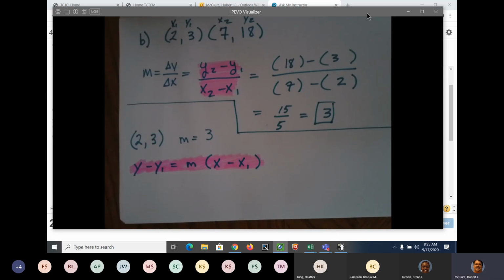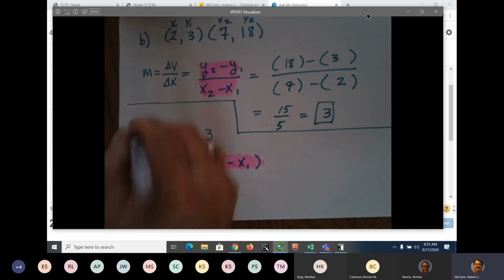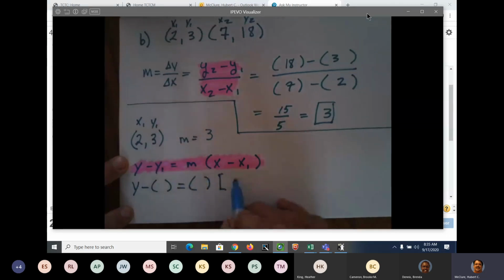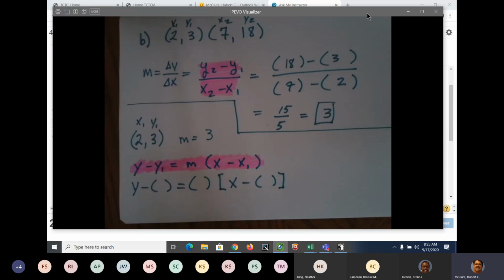Okay, so I read from left to right. So this is x sub 1. This is y sub 1. Plug and chug. But I got to put my parentheses in here first. Y minus parentheses equals parentheses times x minus parentheses. And the only reason I use brackets is so it won't have parentheses on top of parentheses. You can use parentheses or braces if you want to.